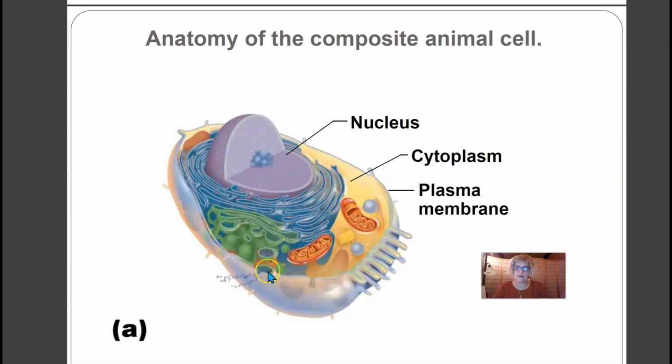The vesicle, the Golgi vesicle, is going to fuse with the cell membrane, and it'll invaginate and then release the proteins. And this process is called exocytosis, and it requires ATP, which is adenosine triphosphate. Adenosine triphosphate is a form of energy that is used by the cell.